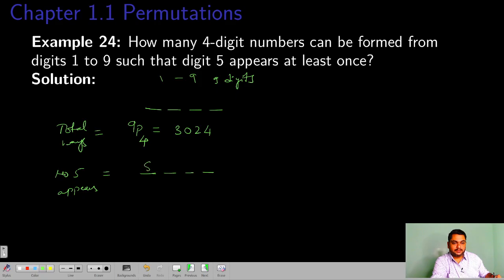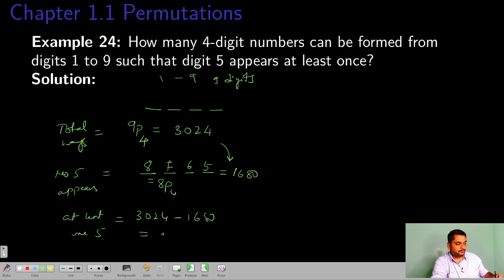So we will be left with 8 digits, and then 7, 6 and 5, right? Or you can just say it is 8P4. So this will be equal to 1680. So you subtract these two values, and we will get at least one 5, which is equal to the total ways minus 1680. This will be equal to 1344.